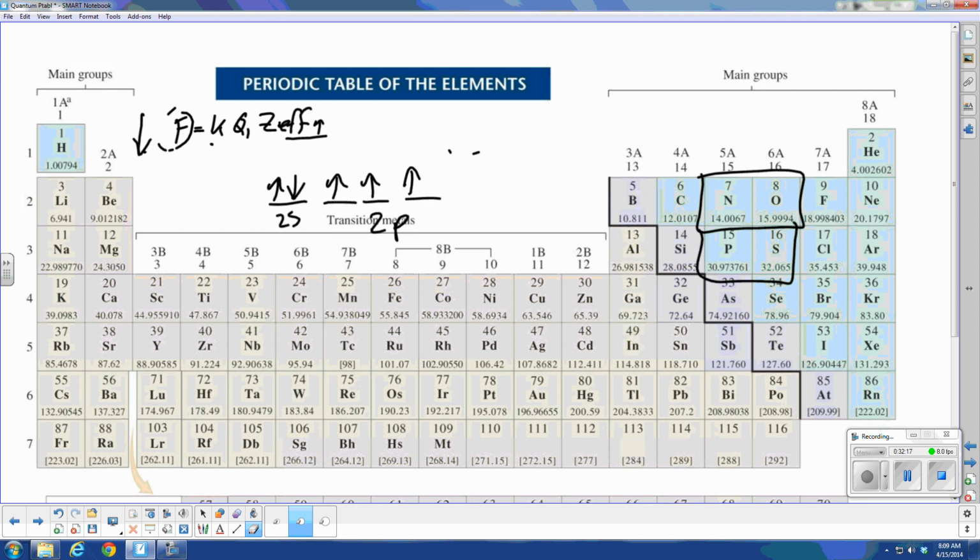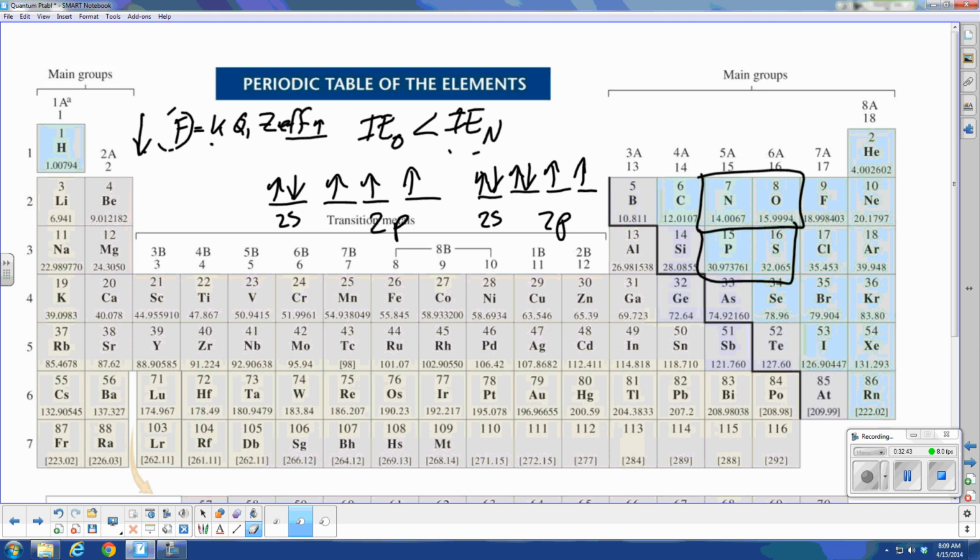And when I look at oxygen, it is 2s2, 2p4, with one pair of electrons in a p orbital. And here's what the truth is. The ionization energy of oxygen is less than the ionization energy of nitrogen, which goes against the trend. We'd expect, since oxygen is farther to the right, to have a higher ionization energy.